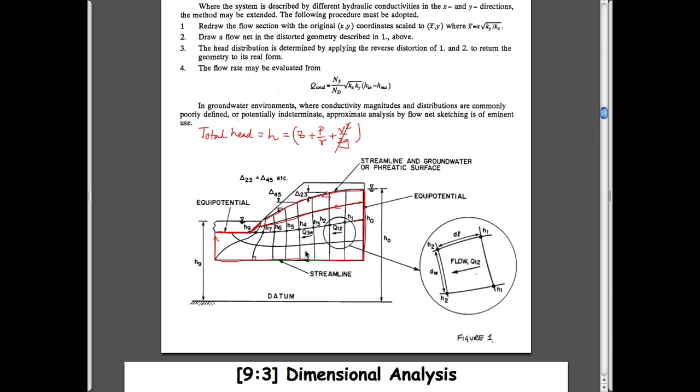So what you have to be able to do is draw a net, Spider-Man net I suppose, so that the equipotentials and the streamlines join at 90 degrees. So if you look at every single component of this, they're all joining. They're not quite squares, but they're curvilinear squares.